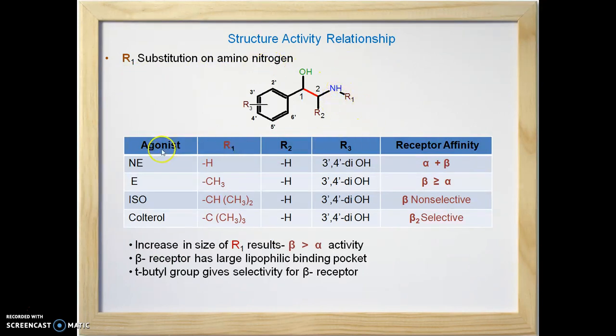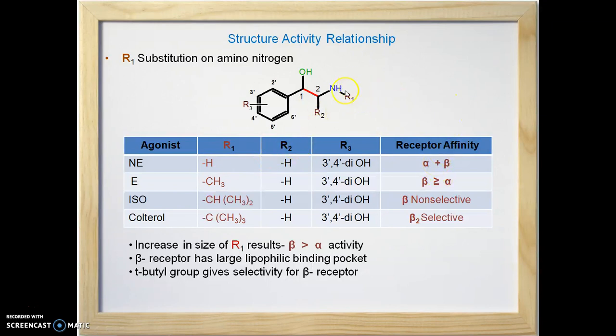When we look at the structures of norepinephrine, epinephrine, isoproterenol and colterol, you will find that R2 and R3 substitutions are same, while there is difference in R1 substitution. Norepinephrine is having hydrogen as R1, epinephrine is having methyl group, isoproterenol is having isopropyl group, while colterol is having tertiary butyl group. So what is the effect of this substitution pattern on activity?